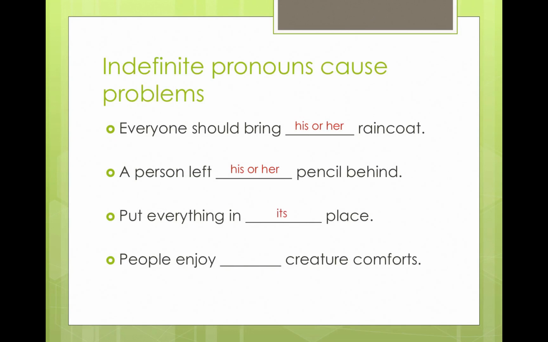Put everything in its place. Okay? Everything is singular, so it needs a singular pronoun, which would be its. People enjoy blank creature comforts. Now, people is plural, so it will need a plural pronoun, and a plural pronoun would be their. People enjoyed their creature comforts. And that's how you would solve these.